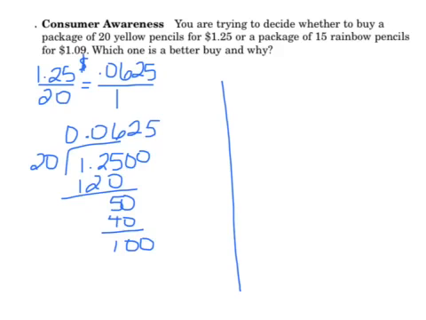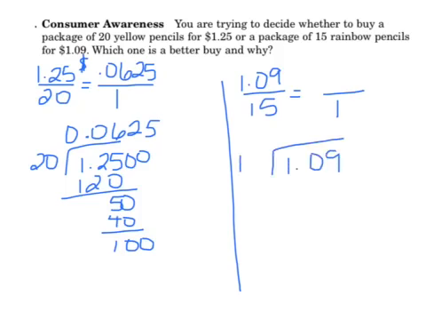Now remember, that is money, so it's a little bit over 6 cents, okay? But I'm going to leave all those decimals and everything there just so I can make sure I have a good comparison. And my next one is for $1.09 for 15 pencils. So again, we want to find out what it is for one pencil. So we're going to do $1.09. And we're going to want to divide that by 15. So let's go ahead and carry that decimal point up. Well, 15 can't go into 1 or 10, but it can go into 109 7 times, and that would be 105.